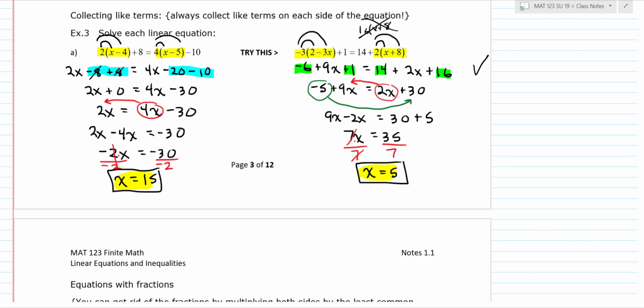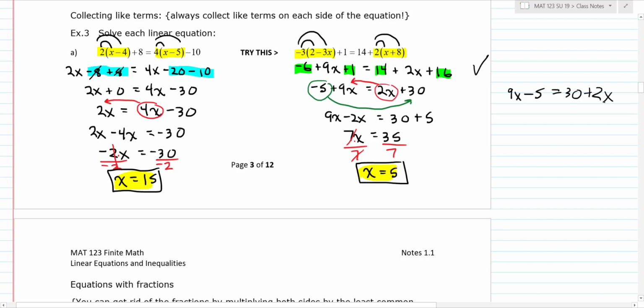Now what I did is I highlighted the like terms. So after you do distributive property, put things together. Don't start moving things yet until everything is condensed. So -6 plus 1 is -5. I still have the plus 9x. Still have the 2x. 14 plus 16 is 30. It doesn't matter what order you put this in. I mean, you could have 9x minus 5 equals 30 plus 2x, and that's the same.